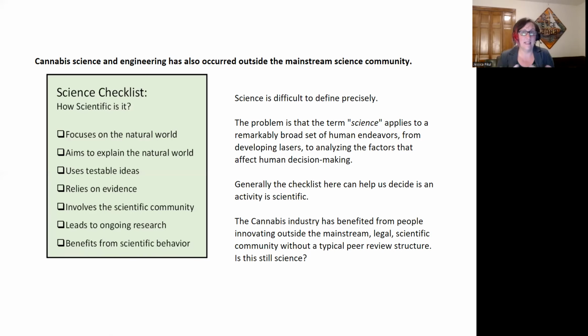And so an interesting question is, is that still science if we eliminate the ability to have that open discourse and peer review process? I think so, but this is an open-ended question. I'll just leave it at that. Let me know what you think.